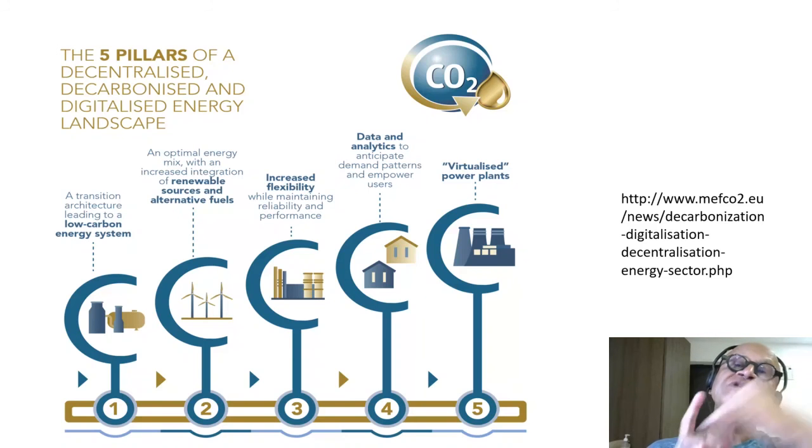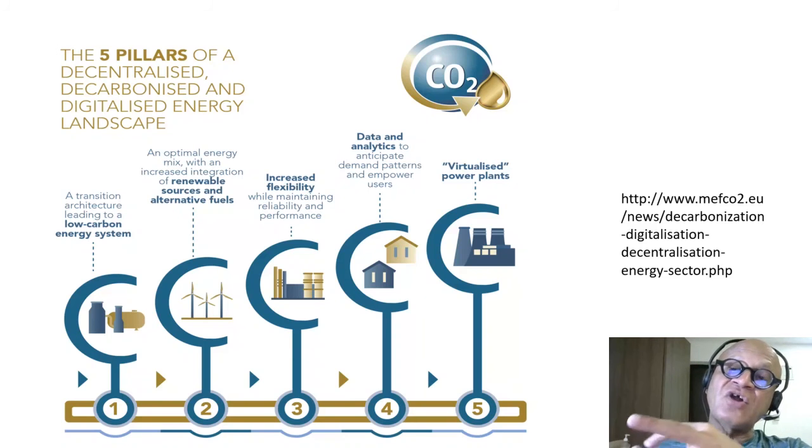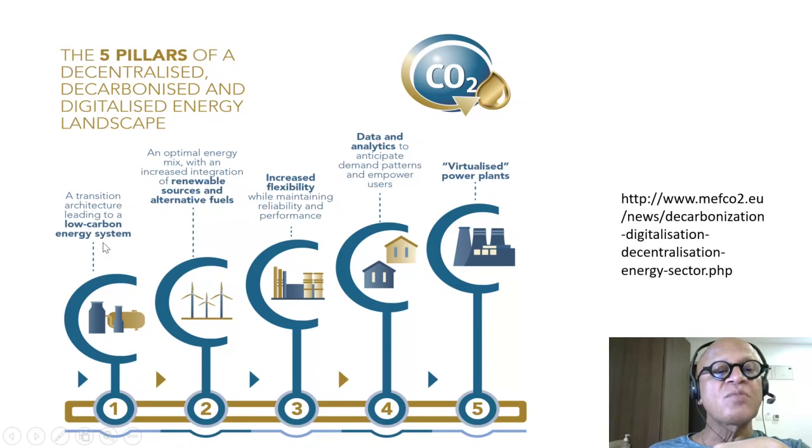The energy intensity of the GDP and the carbon intensity of the energy need to come down very rapidly. So here are the pillars. A low carbon energy system: a transition architecture is needed to go to a low carbon energy system. An optimal energy mix with an increased integration of renewable sources and alternate fuels.